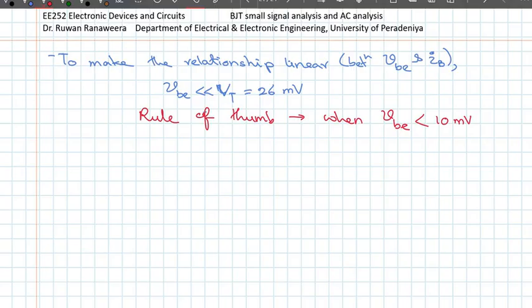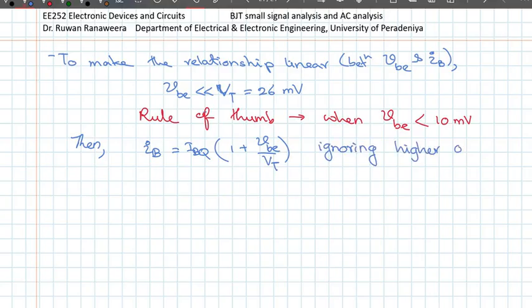At least it's better if it is even smaller, maybe less than 2.6 millivolts would be the best, but to be practical, we normally select VBE to be less than 10 millivolts. Then what we can write is IB is equal to IBQ times 1 plus VBE over VT. Now it's a linear relationship, ignoring higher order terms.